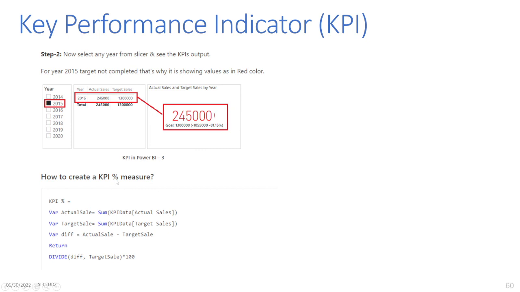So how to create a KPI percent measure? KPI percent: variable actual sales is equal to sum of KPI data actual sales, variable target sales is equal to sum of KPI data target sales, variable difference is equal to actual sales minus target sales, then return divide difference with target sales, times 100.